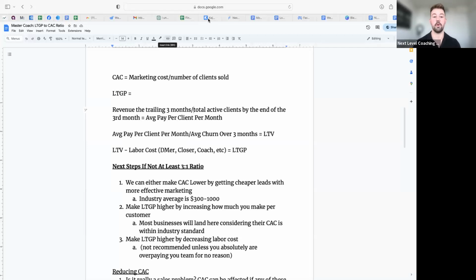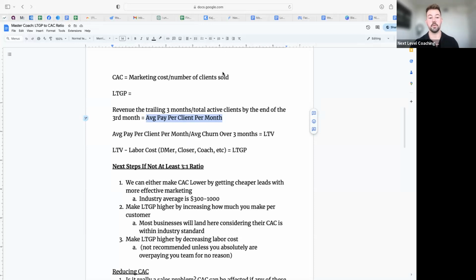So in this example, I would look at September 30th and see how many active clients I have on our roster, and that's the number that I'm dividing by. So what does that get us? That gets us the average pay per client per month. Now you have a figure that represents how much our clients are paying us monthly on average.